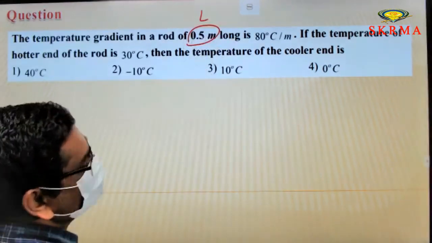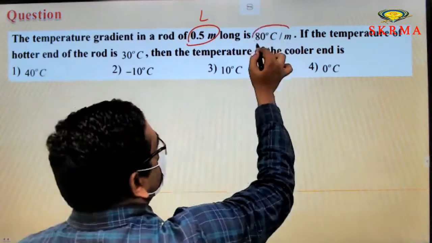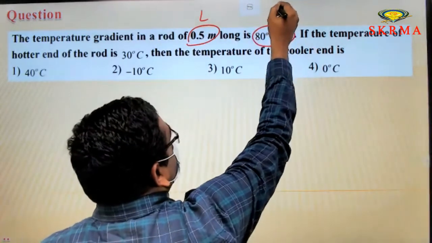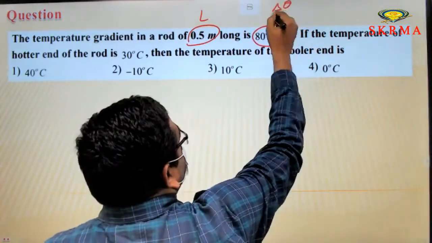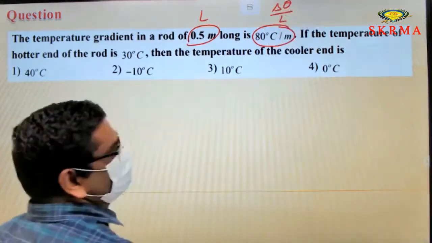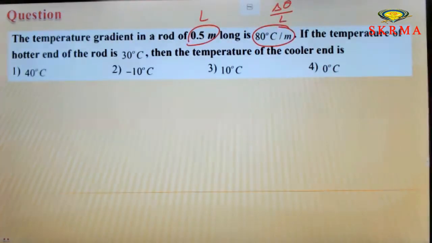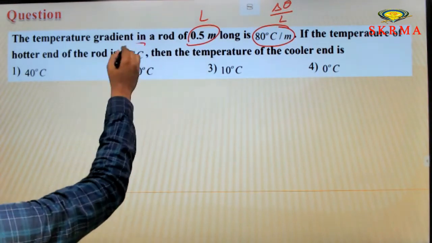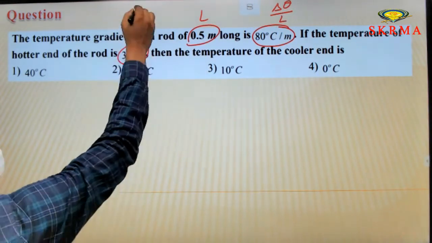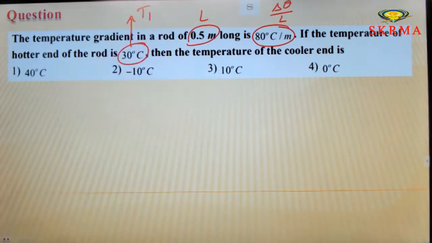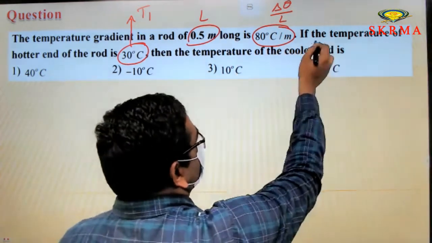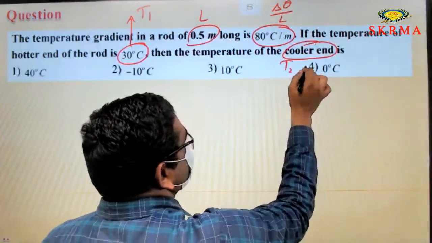Next, temperature gradient of the rod of 0.5 meter length. Length is given as 0.5 meter. So temperature gradient means delta T by length is given as 80 degrees centigrade per meter. If the temperature of the hotter end is 30 degrees Celsius, that means this is a temperature T1. Then temperature of the colder end, T2 is how much? So temperature of the colder end means that is nothing but T2.